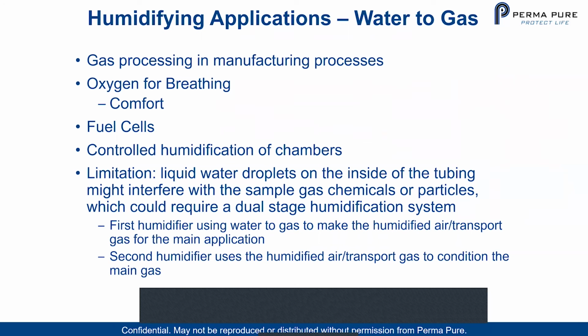Again, the limitation is that liquid water droplets on the inside of the tubing might interfere with the sample gas chemicals or particles, which could require a dual stage humidification system. Here you'd use the first humidifier, water to gas, to make the humidified air or transport gas for the main application. Then the second humidifier uses the humidified transport gas to condition the main gas.